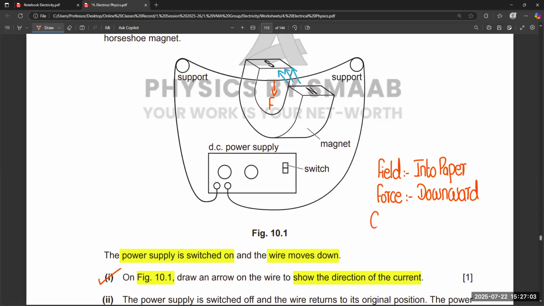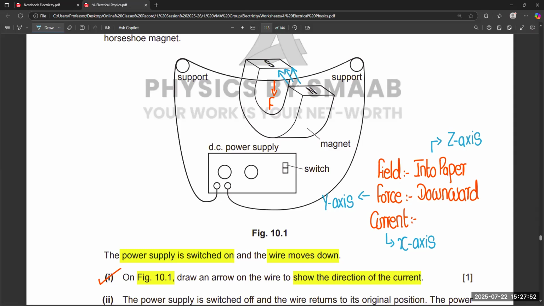Now the third quantity, current, must be on the x-axis, either towards the right hand side or towards the left hand side.